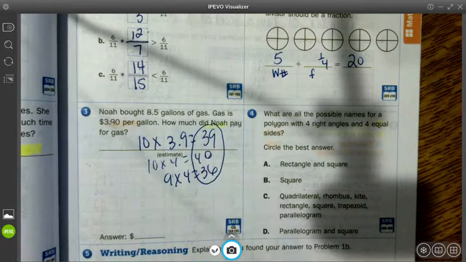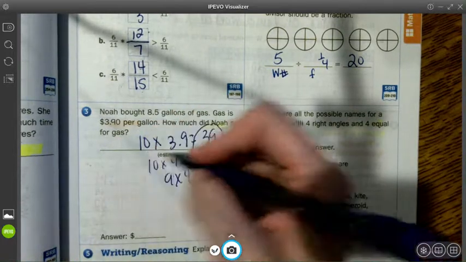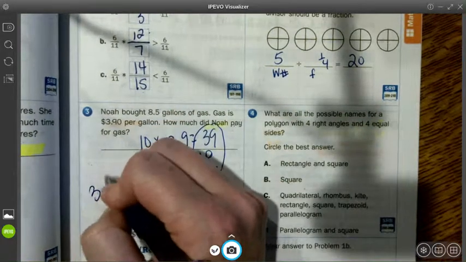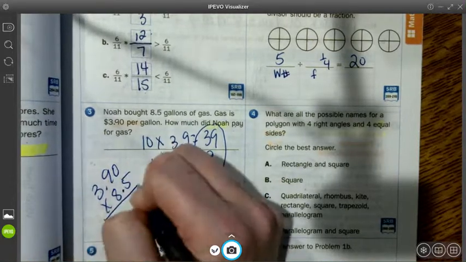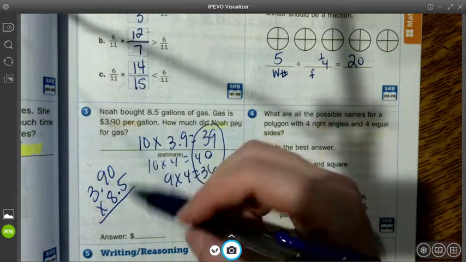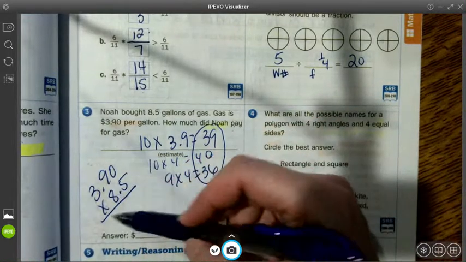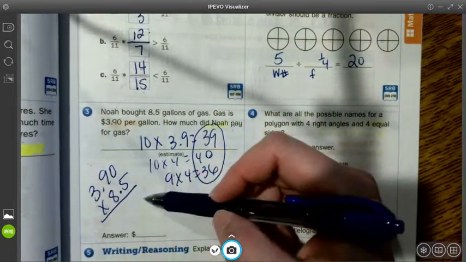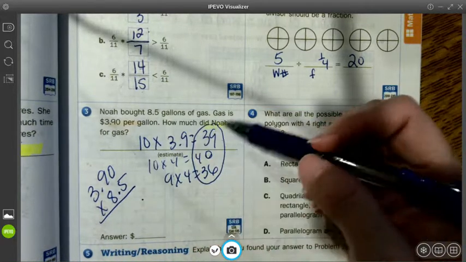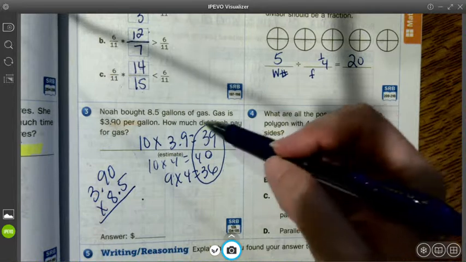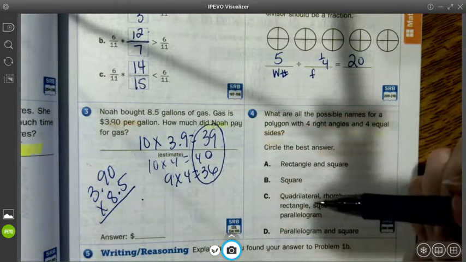I think that would be the hard way though. Or we could just do $3.90 times 8.5. So if you're unsure when we do this multiplication where to put that decimal, because it's different than addition and subtraction, it's not lining it up, this estimate that you did in the beginning is going to help you figure that out.